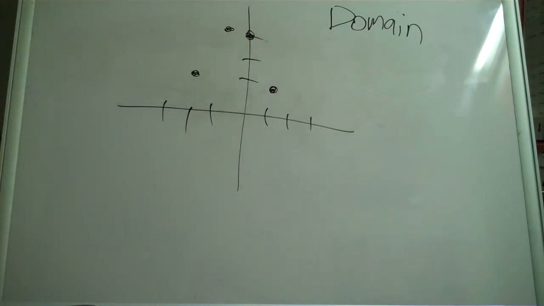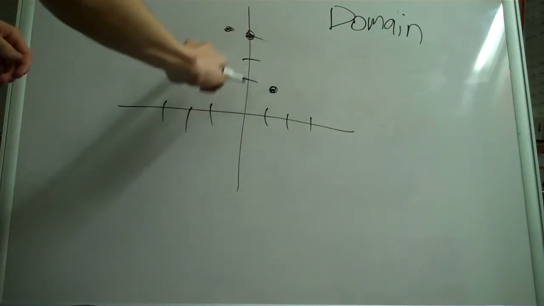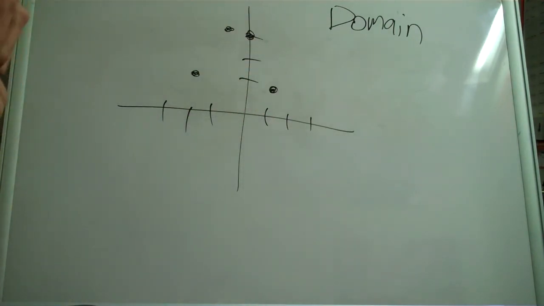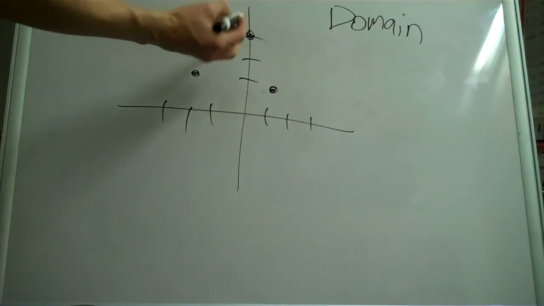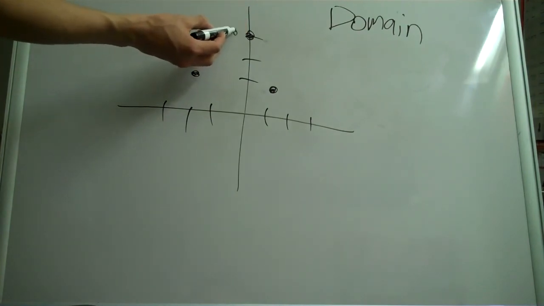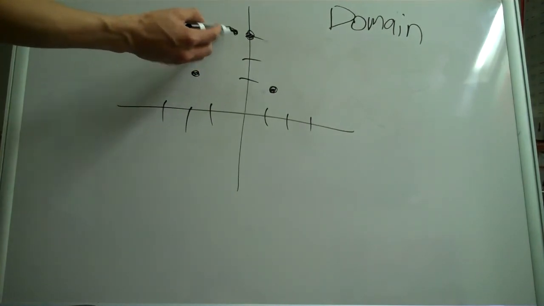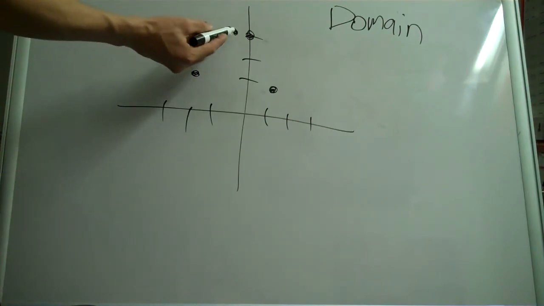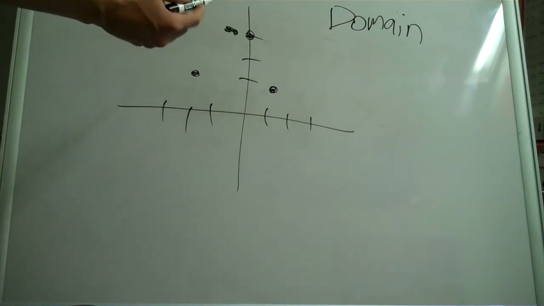The definition of a trapezoid is one pair of parallel lines. So as long as this line is parallel to this line, we're good. This point can actually get infinitely close to this point right here. If we put a point maybe 0.0001 units to the right of this, it would still be a trapezoid.